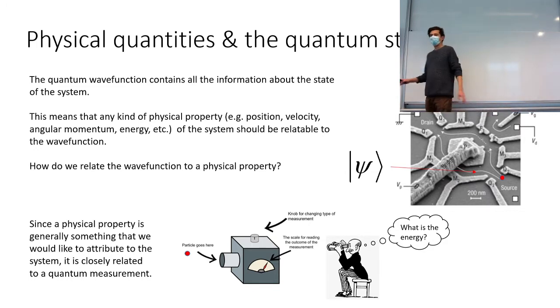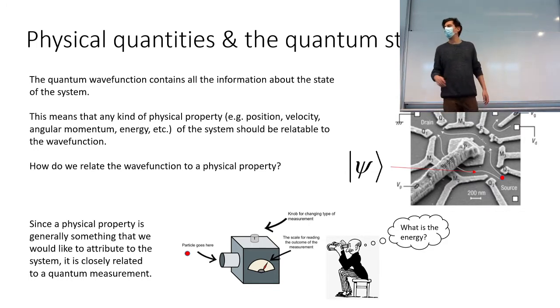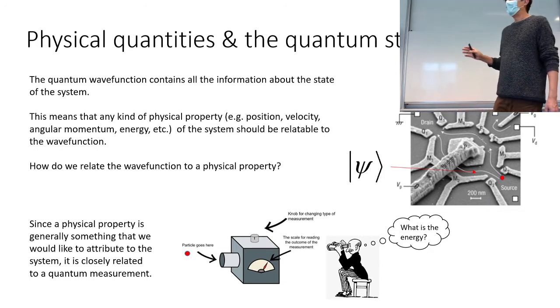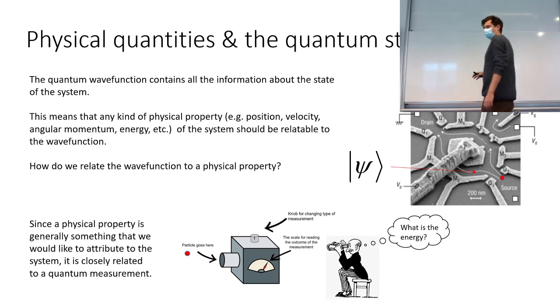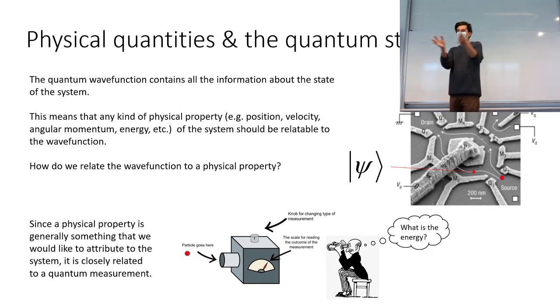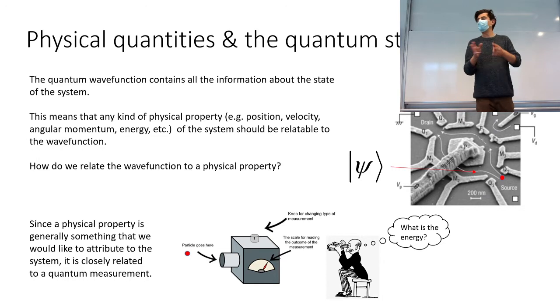Now you might be thinking, well, we've been talking about qubits, like 0 and 1. Surely that can't contain very much information, and you'd be right. A qubit state is actually only looking at really one part of the wave function, and often what you do is you simplify whatever you're talking about so that you just focus in on some aspect of the particle.